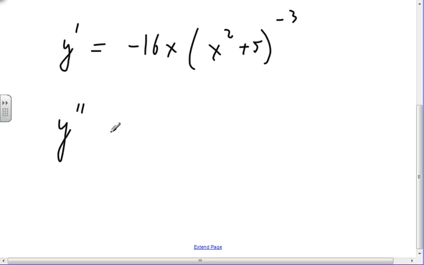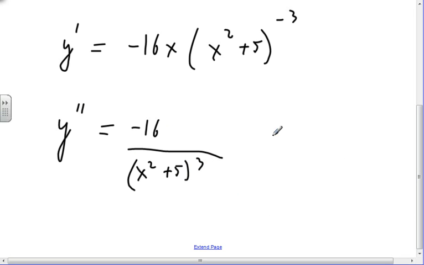y'' equals... okay, so I got -16 divided by (x² + 5) cubed.